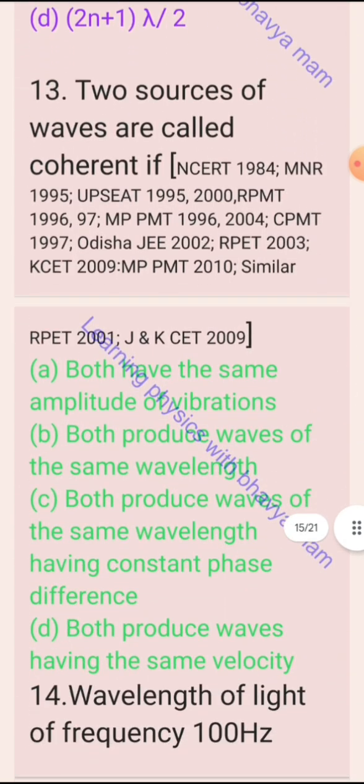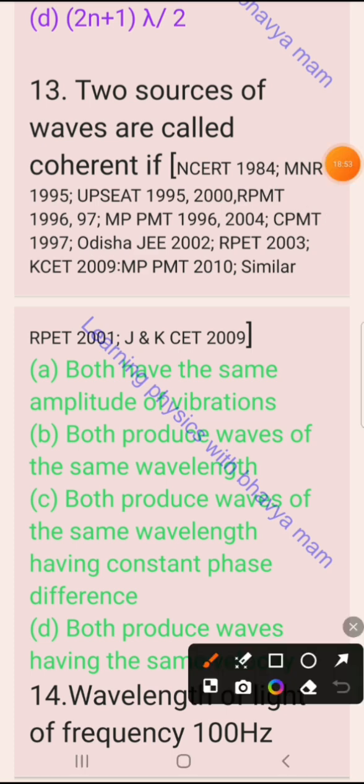13th one, two sources of waves are called coherent. This question has been asked many times and it is very important, students. It is also expected in the MCQs of the board paper. What is the condition for two sources of waves to be coherent? Look at the options. Both have the same amplitude of vibration.